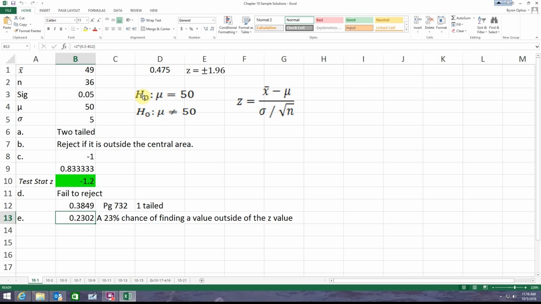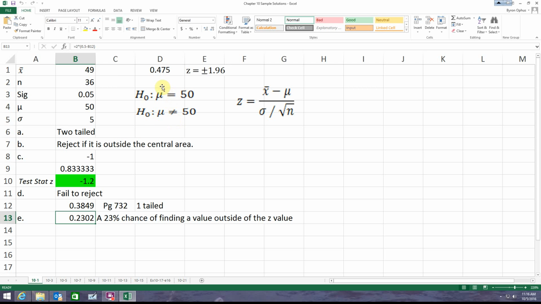Our hypothesis is that H sub 0 is that mu is equal to 50, or the mean, in this case the population mean, is equal to 50. Remember, our mean of our sample was 49, and then the alternate hypothesis is that the mean of the population is not equal to 50.